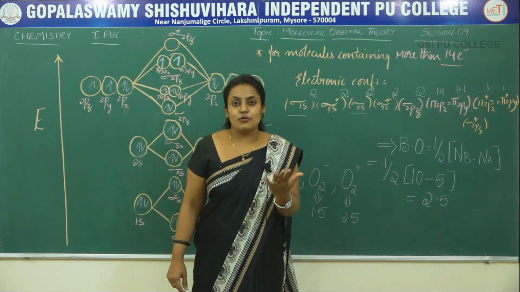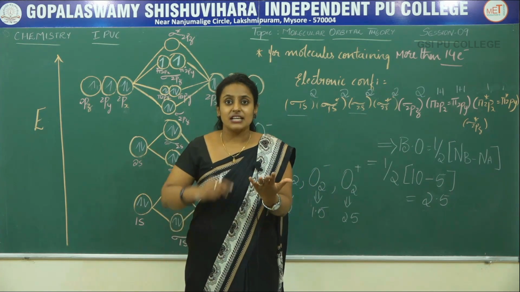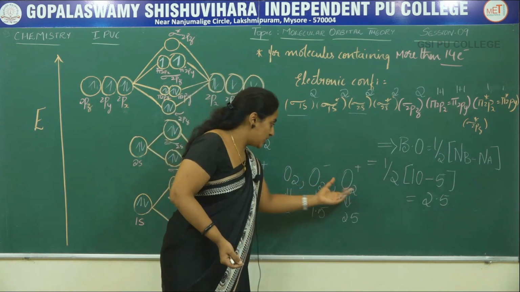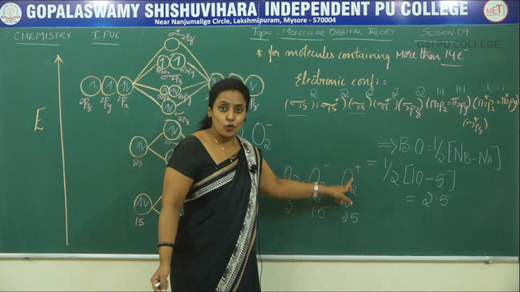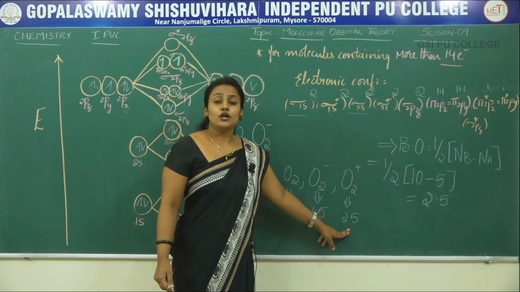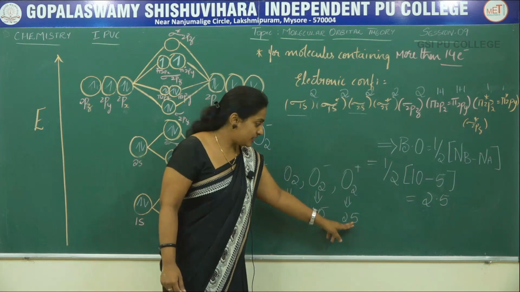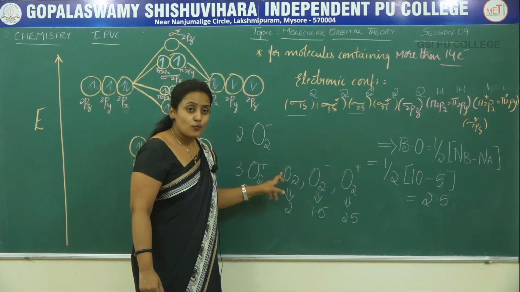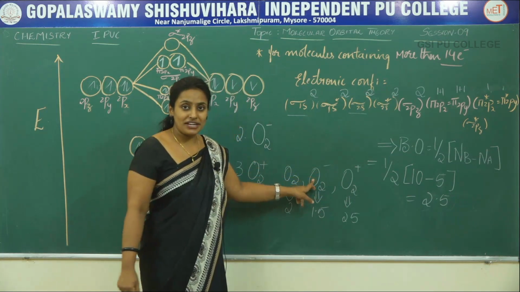If the molecule possesses more bond order, the molecule is more stable. Here in these three molecules, O2 plus possesses 2.5 bond order. Therefore this molecule is more stable than O2, which is more stable than O2 minus.